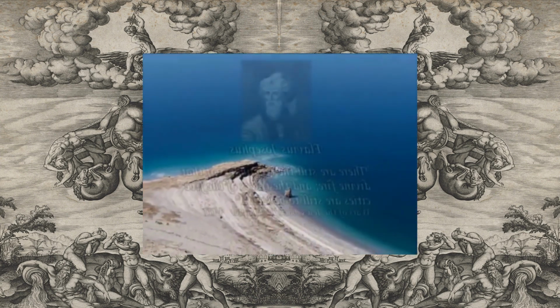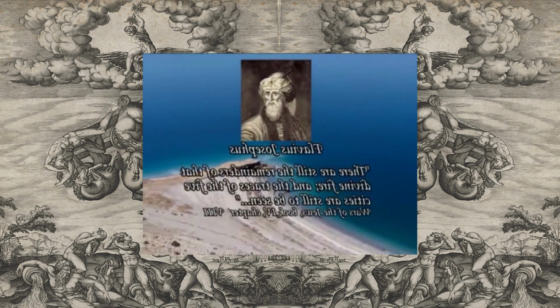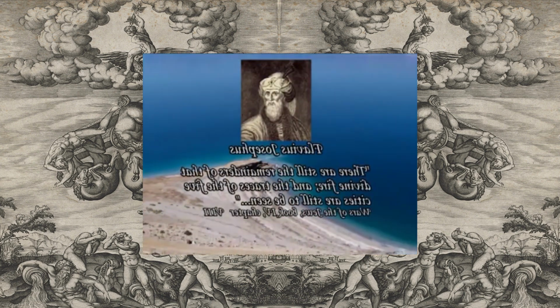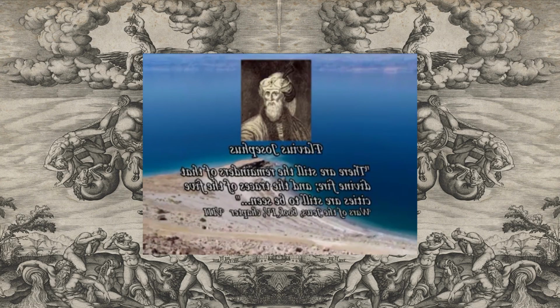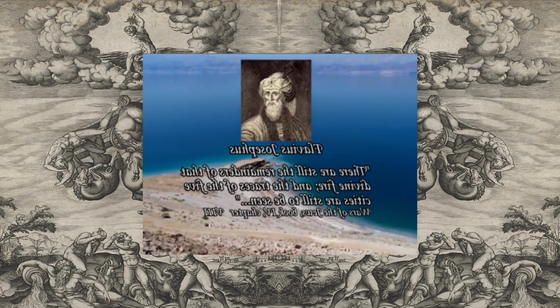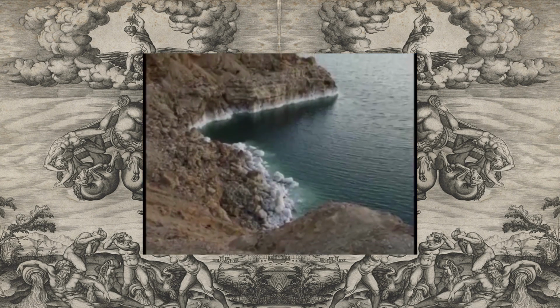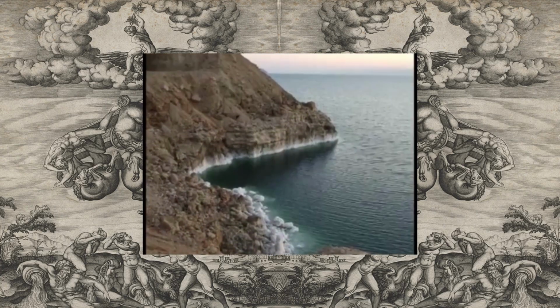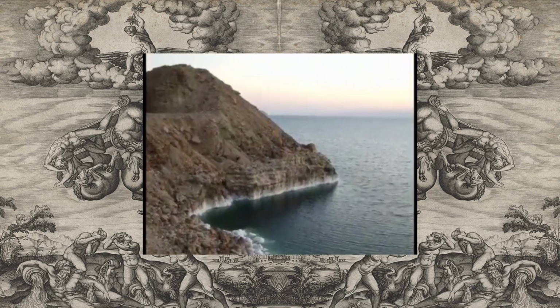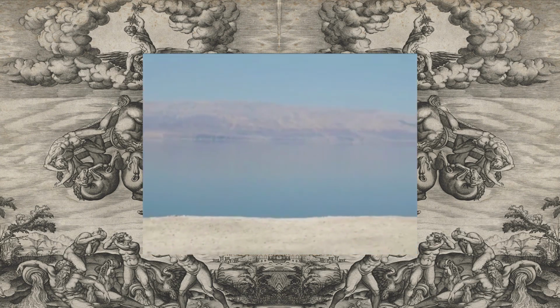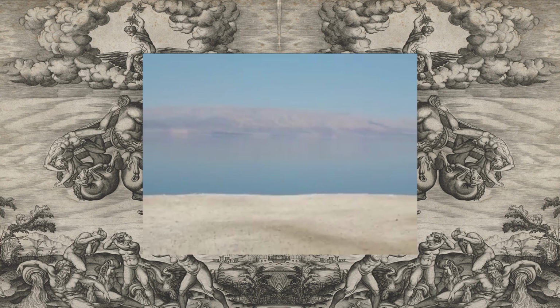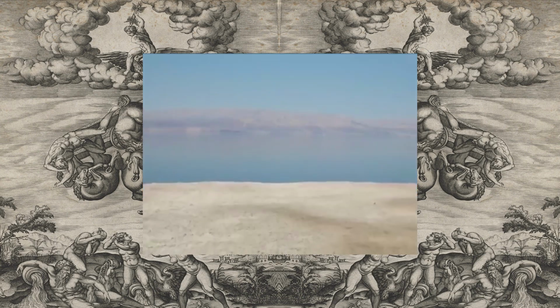Flavius Josephus, the first-century Jewish historian, tells us, "There are still the remainders of that divine fire, and the traces of the five cities are still to be seen." Popular thought has it that the cities were later covered by the waters of the Dead Sea, but if Josephus could see the cities in his day, then we should be able to view them also, as the water level has, if anything, receded since his time.